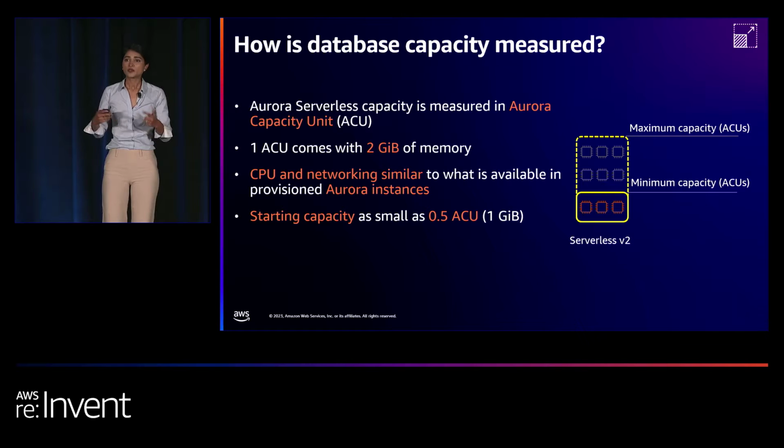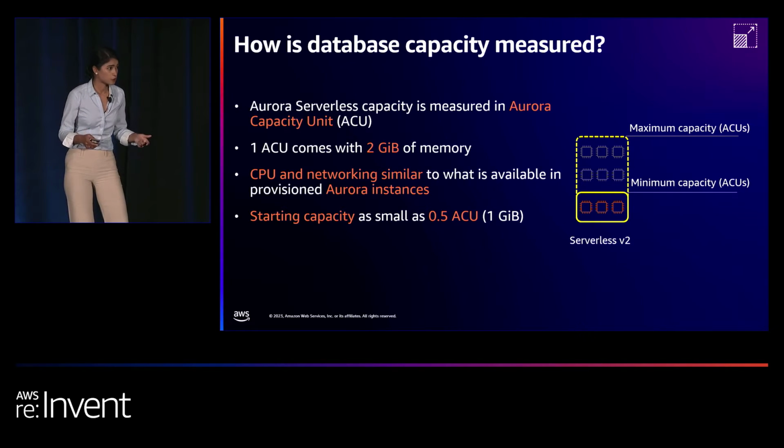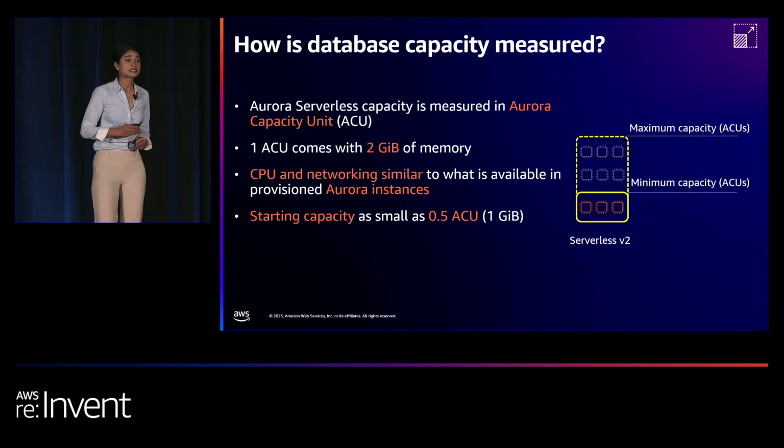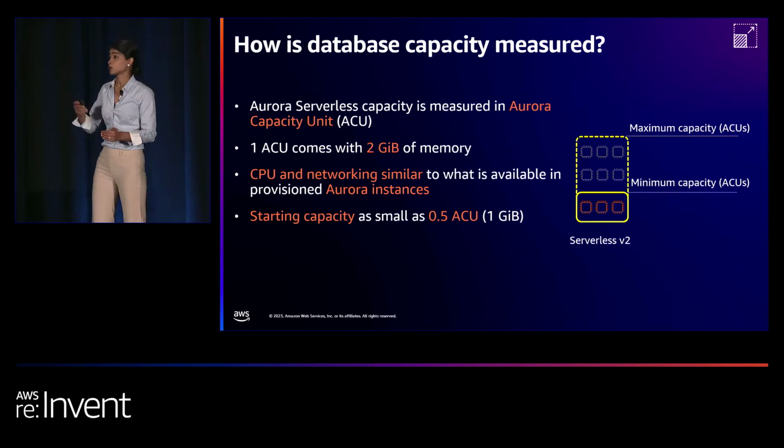When you're thinking of what that number should be, keep in mind the peaks that your workload is experiencing and the features that you're using. You want to make sure your database has all the resources it needs so it can scale up to that. These are a couple of things to think about when deciding what minimum and maximum to set.